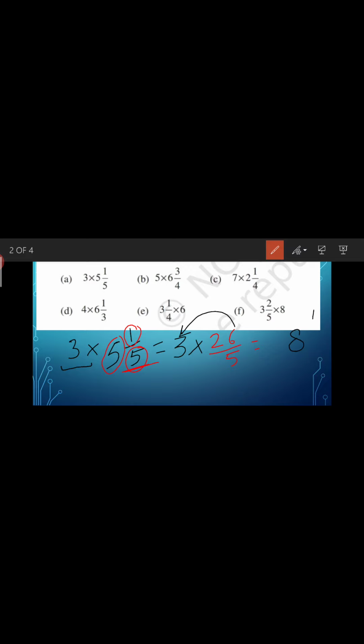Carry 1. Now 3 2s are 6, plus 1 is 7, divide by 5. Now what you have to do? Now you have to divide 78 by 5, because as you can see the numerator here is 78 and 78 is greater than 5. So you can easily divide it by 5.